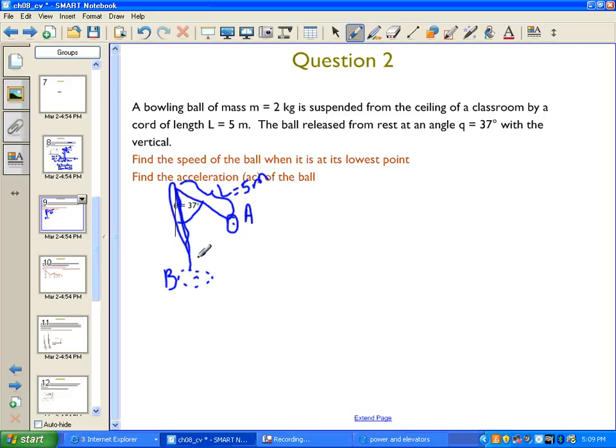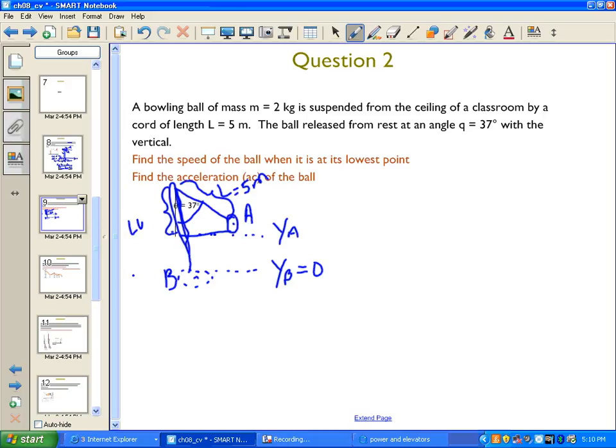What does change, however, is the position above the lowest point. If we say that B is the lowest point, so that YB equals 0, then for YA, we have to consider that this is the hypotenuse of our triangle, and this is the horizontal.